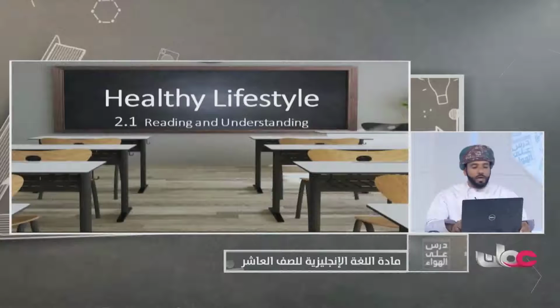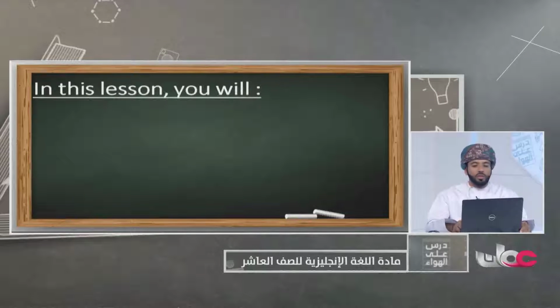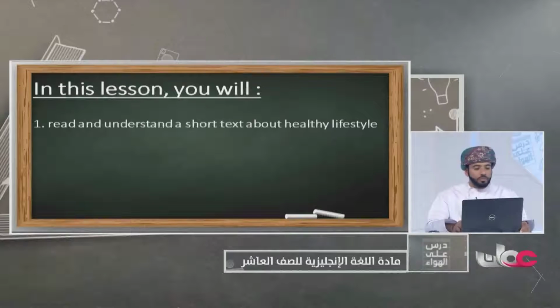As we say, unit number 2 in semester number 2 is about healthy lifestyle, and we are going to start with the first lesson, which is about reading and understanding. As usual, we should start with the learning outcomes. In this lesson, you will read and understand a short text about healthy lifestyle.